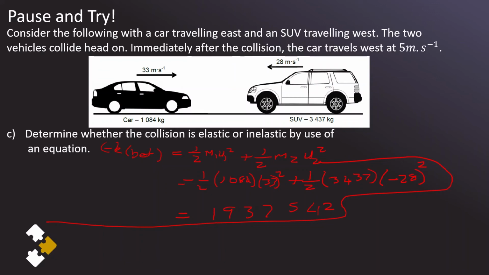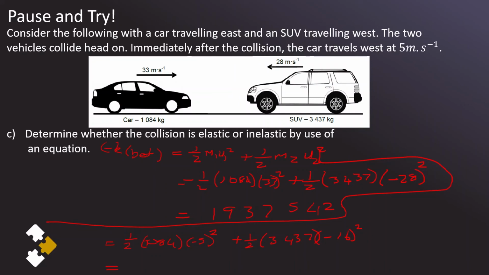So I can just say this is equal to half 1084. The final velocity of the car was 5, but in the opposite direction, but that doesn't matter because we're going to end up squaring it, plus a half 3437, and then the velocity of the SUV was minus 16, but it doesn't matter because we're going to square it. Now let's check if we're going to get the same answer as above.